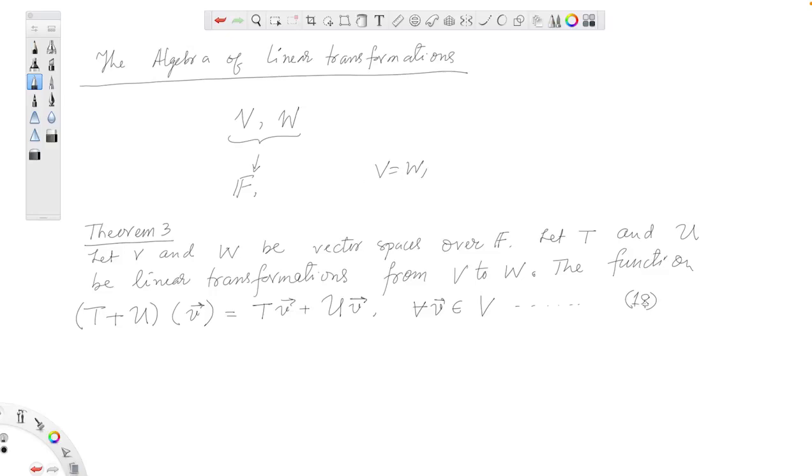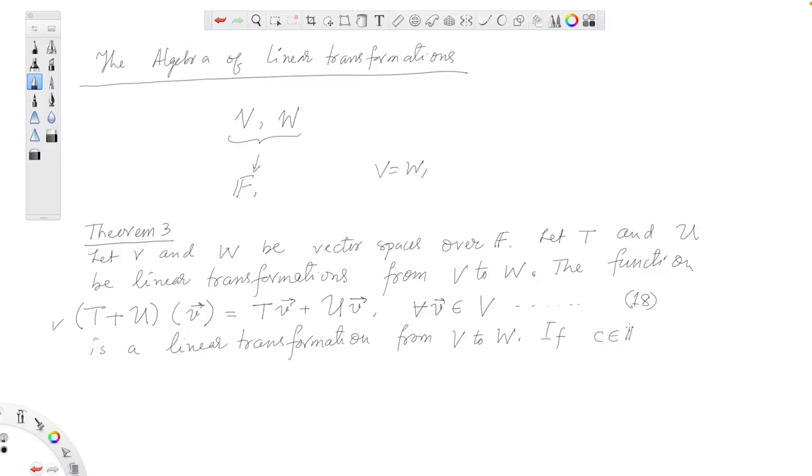The statement tells us that the function T plus U defined in this way is a linear transformation from V to W.